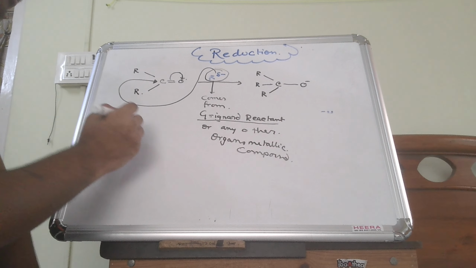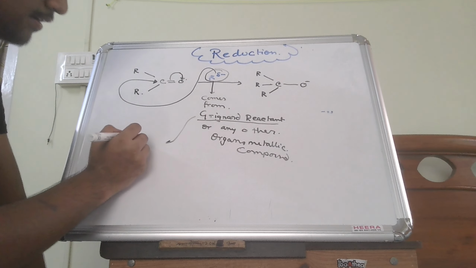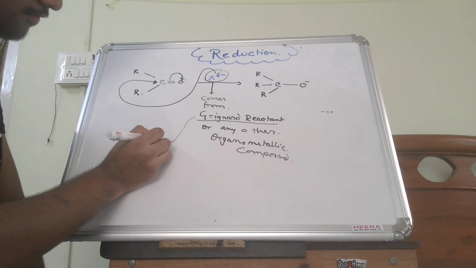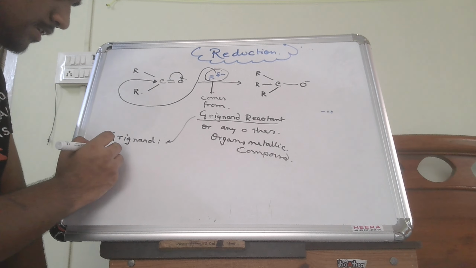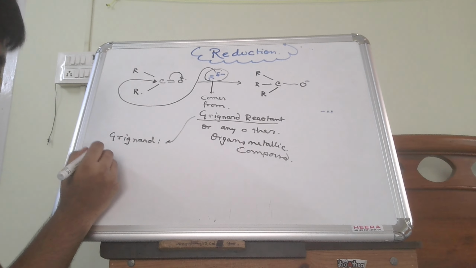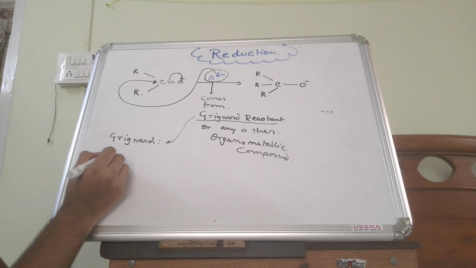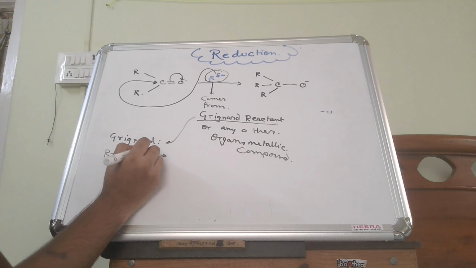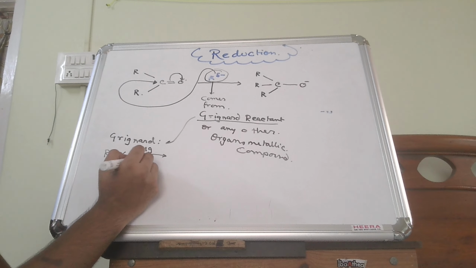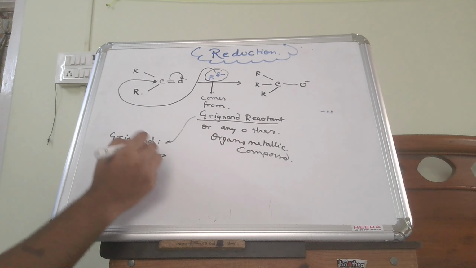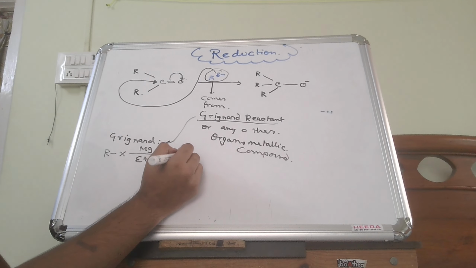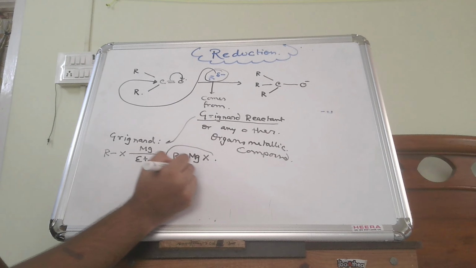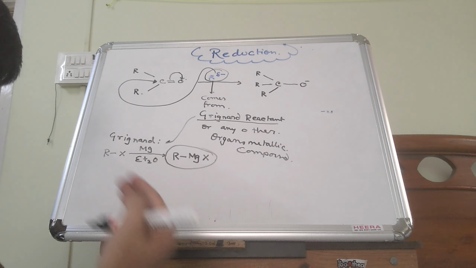Now, what are Grignard reagents? If we take R-X and Mg in the presence of Et2O, Mg meaning magnesium, we get RMgX. RMgX is a Grignard organometallic compound.